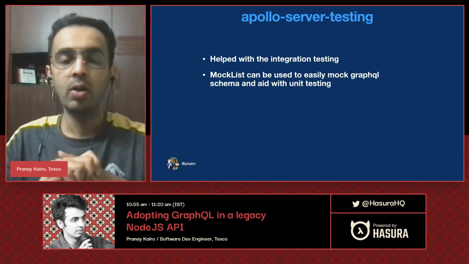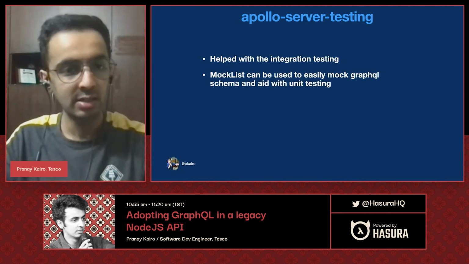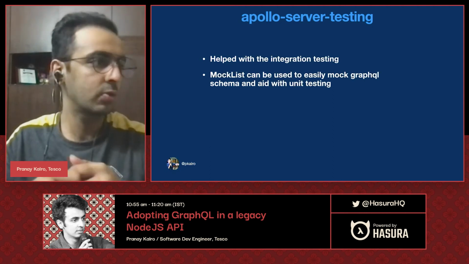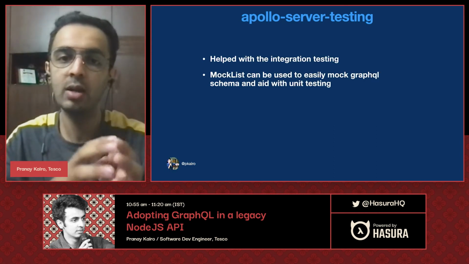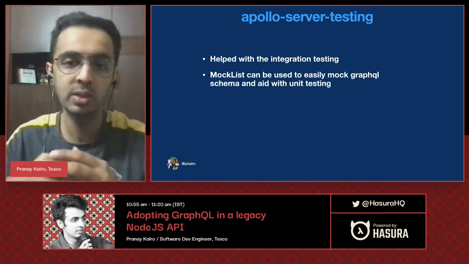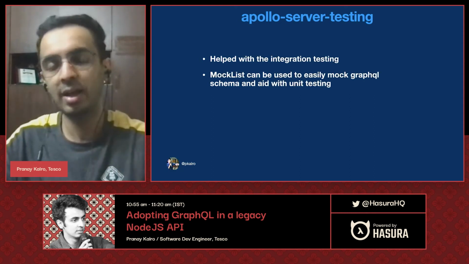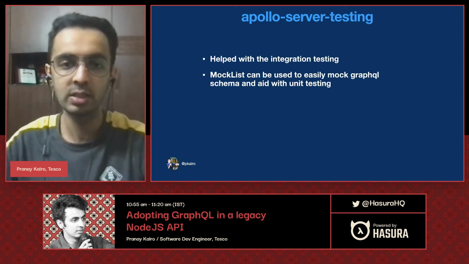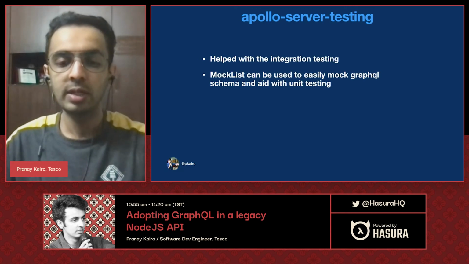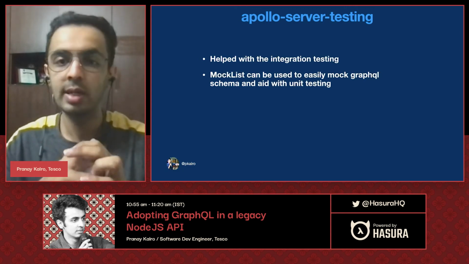It also gives other constructs as well, for example, mock lists. We had a lot of fields which were lists, and if you want to easily mock them, mock list is one of the constructs that's part of the Apollo server testing tool. Apollo server testing is something that we introduced early in the journey.